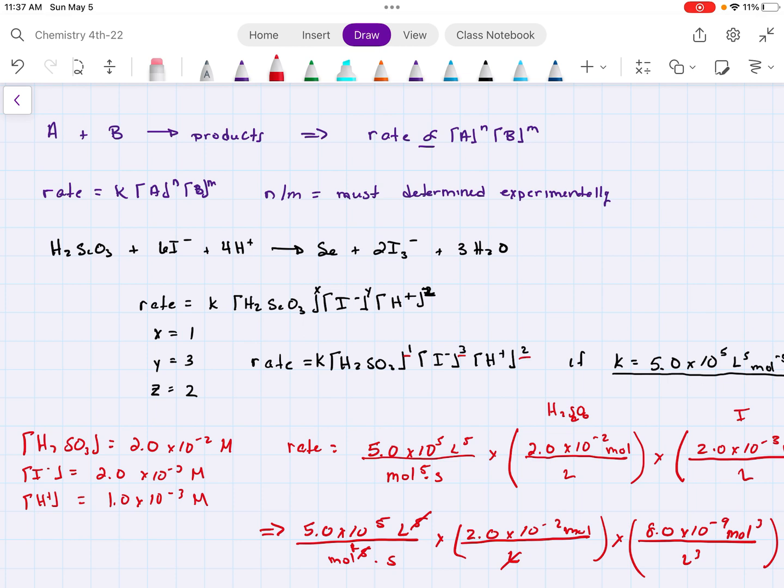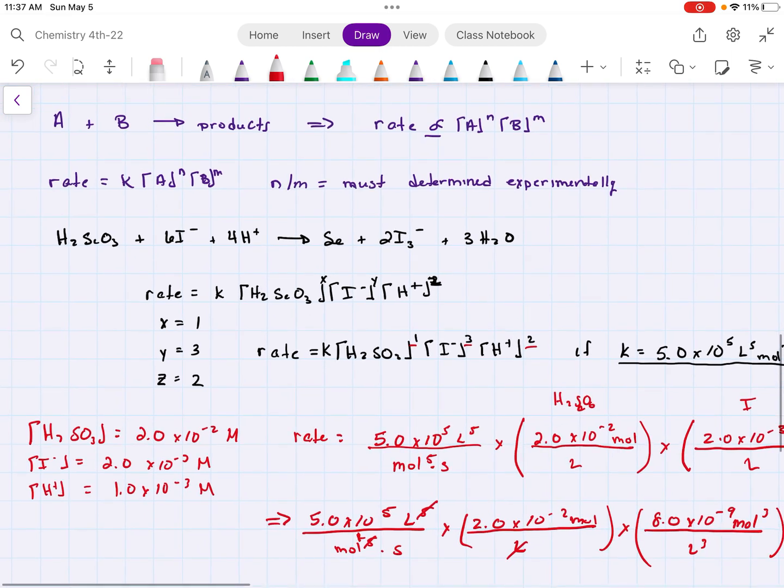That doesn't mean that the coefficients of the reaction are going to be the exponents you put into your rate law. Those have to be determined experimentally. So oftentimes these numbers are not going to match the coefficients in a rate law, because that has to be determined experimentally. And that's what we're going to figure out next.